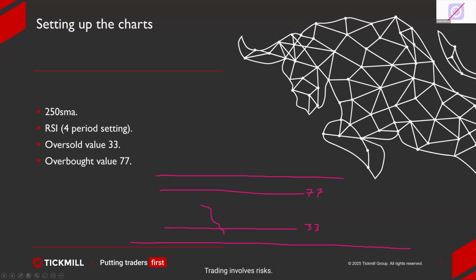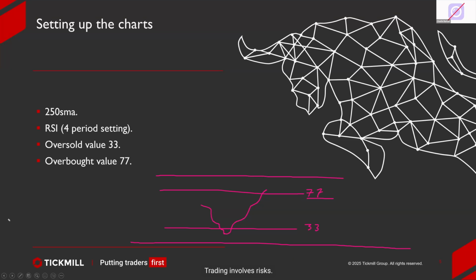So if price does a pullback and gets oversold on the RSI indicator, that's a buy signal at the close of the bar. And then the exit is as and when the RSI closes above 77. I've told you it's simple.